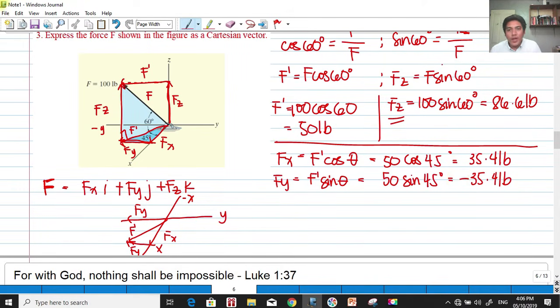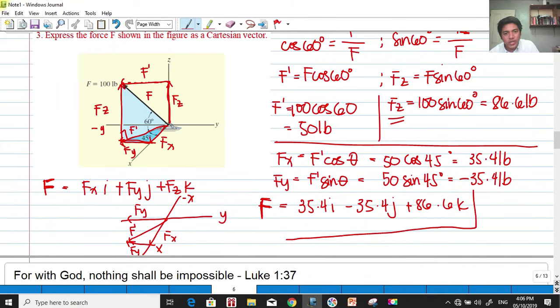So we have now the F of x, F sub x, F sub y, and F sub z. Therefore, the Cartesian vector form of this force is now 35.4i minus 35.4j plus 86.6k.